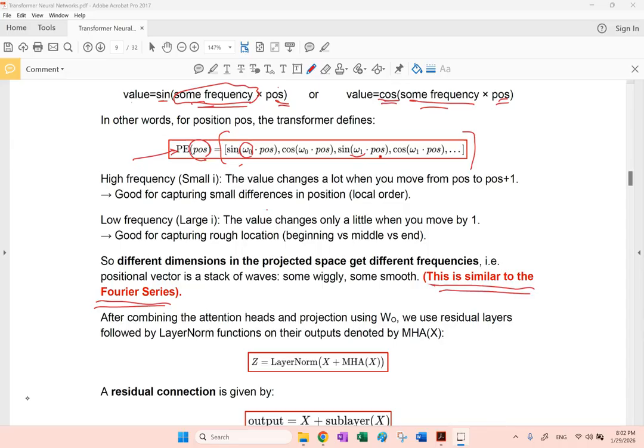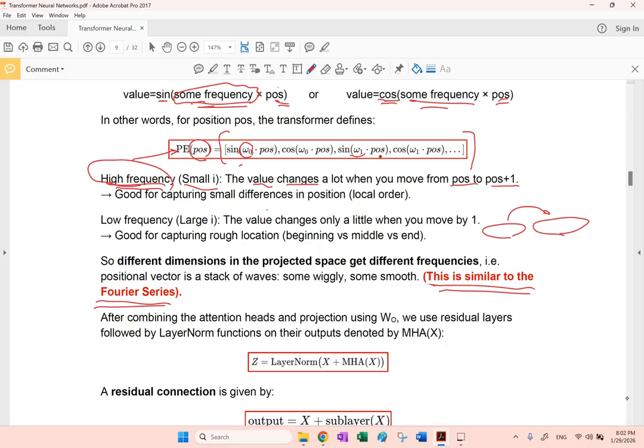Yes. Small i, which means high frequencies, is good when the value, which is the information of the tokens, changes a lot as you go from one position to the one next to it. So if I have one word here and one word next to it, and these two have quite different meanings or context, this sudden or fast change can be captured by high frequencies, which are small i's.